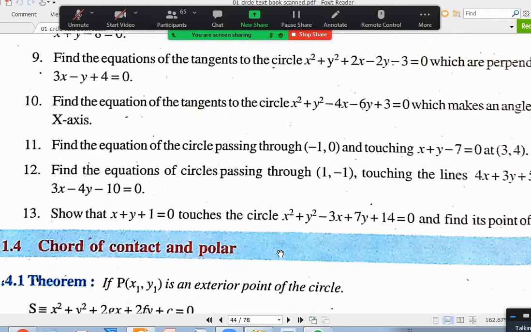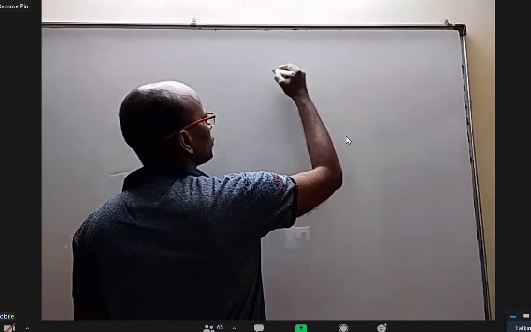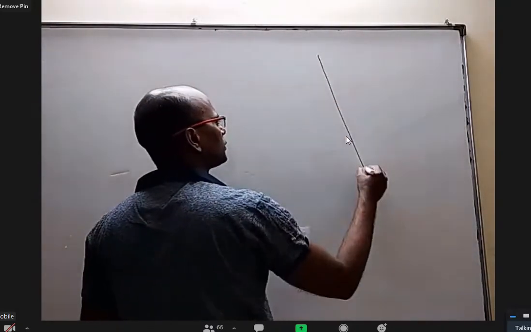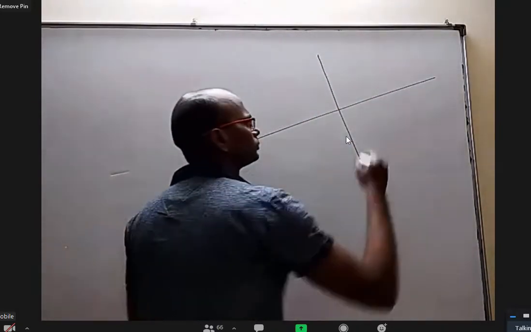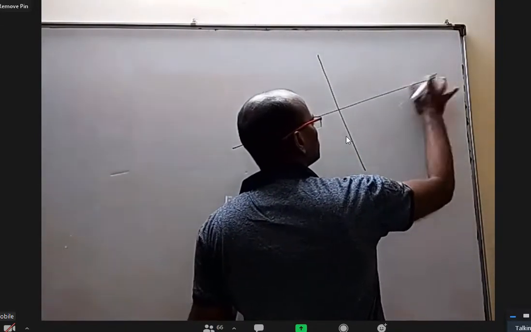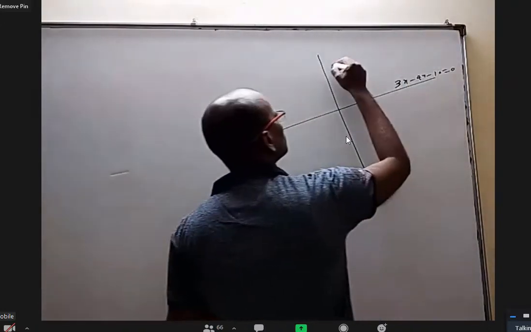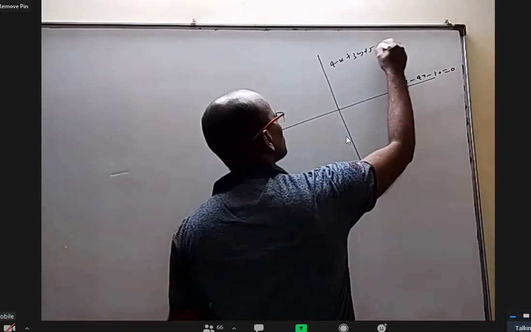What are the lines? 4x plus 3y plus 5. So I have 2 perpendicular lines like this: 3x minus 4y minus 10 equal to 0 and 4x plus 3y plus 5 equal to 0.